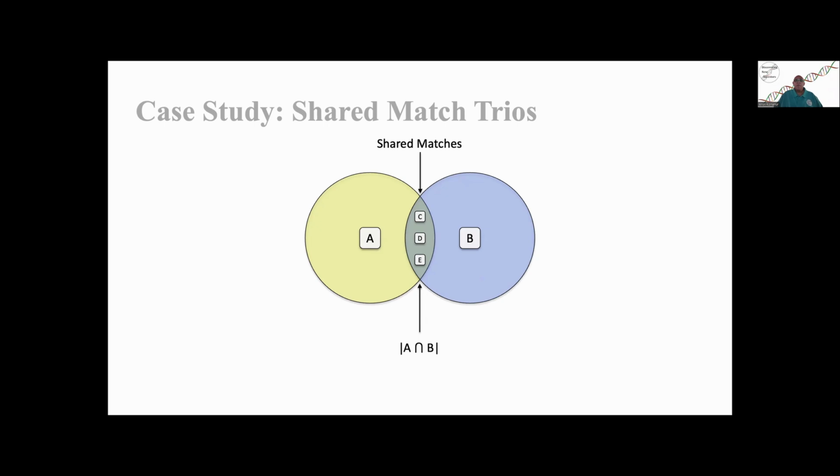In fact, we can talk about the magnitude of each of these color areas. So we could say the magnitude of A is, let's say, 13,582 DNA matches. We can say the magnitude of B is 18,900 DNA matches. And we can say the magnitude of A intersect B is 940 DNA matches. Those would be 940 people who match both subject A and subject B.